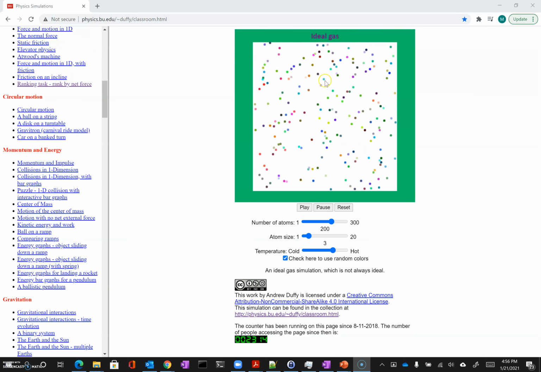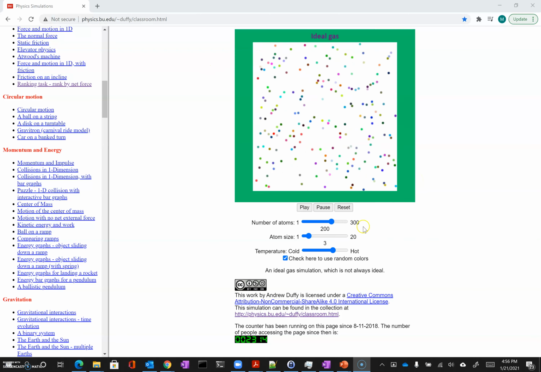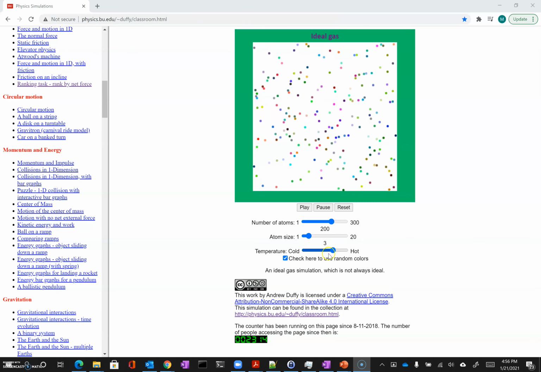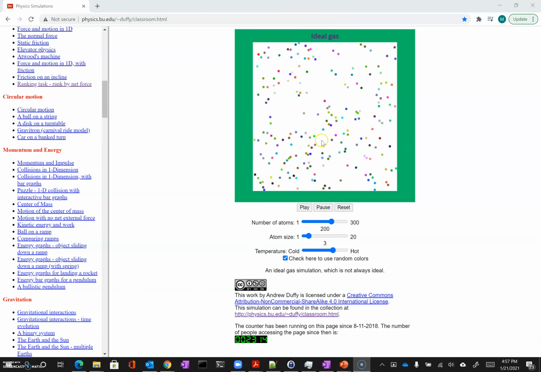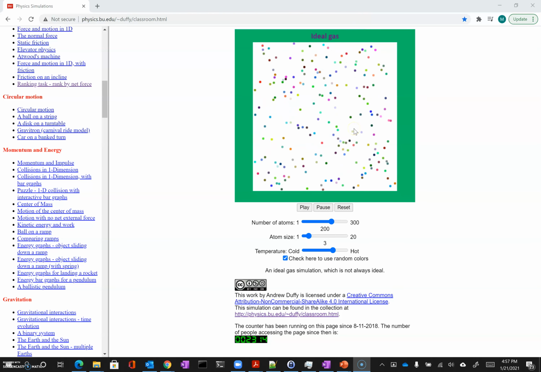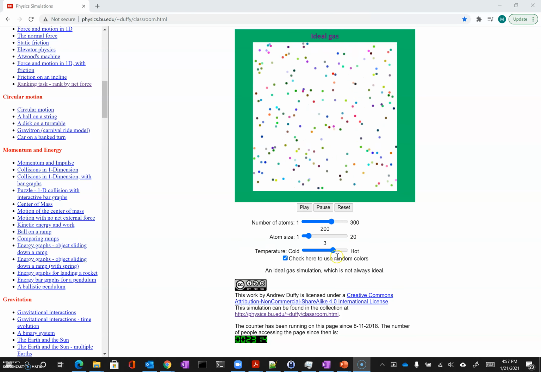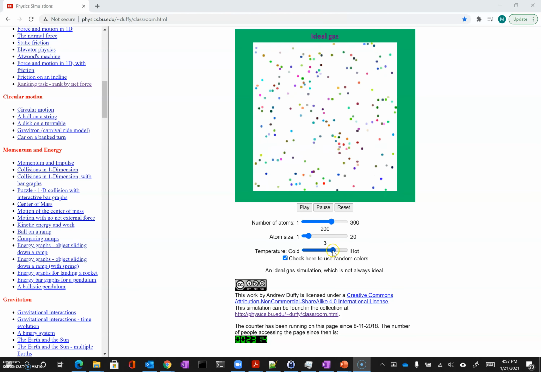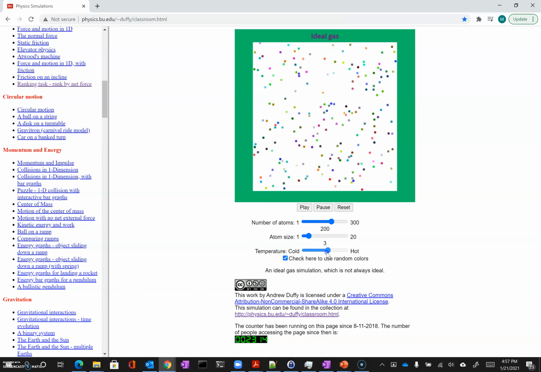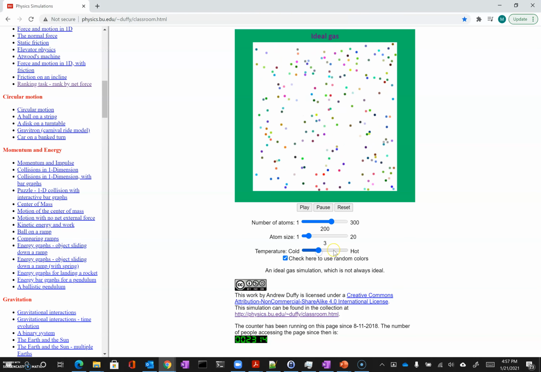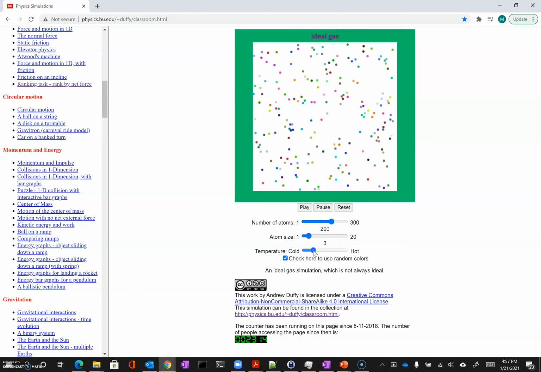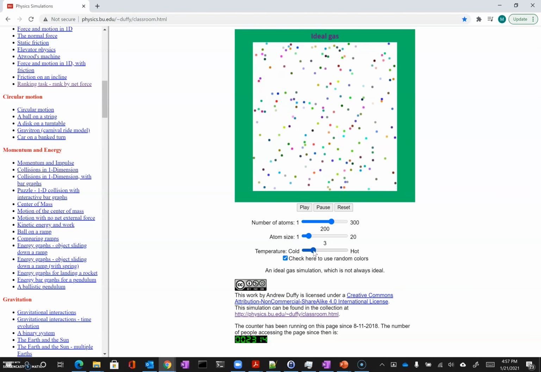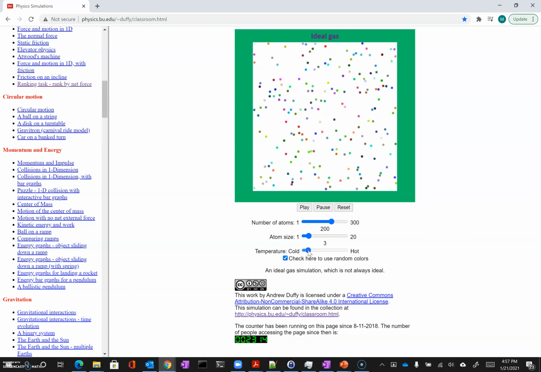So here we have a simulation. This is an ideal gas, and it has a temperature, some value here. And what you can see is that these atoms are moving really fast. So now I'm going to start cooling this down, and then you're going to see what happens. As I cool this down, they are moving slower, and I can keep cooling this, and they move slower, and slower, and slower.